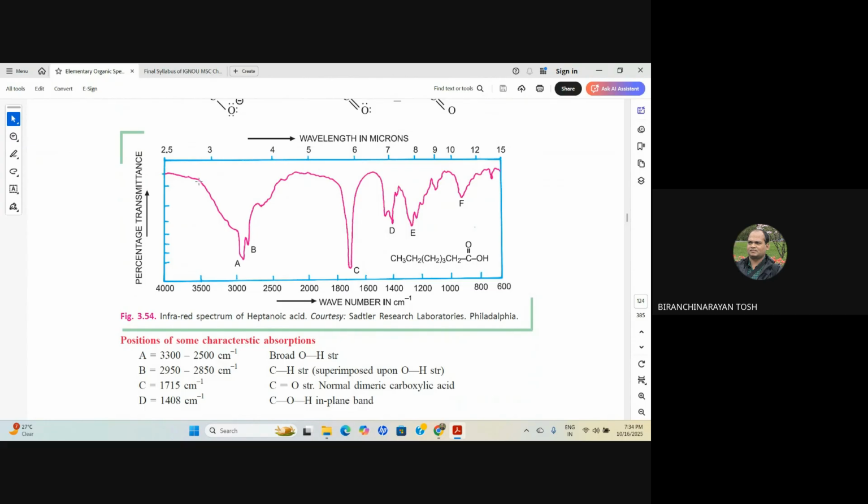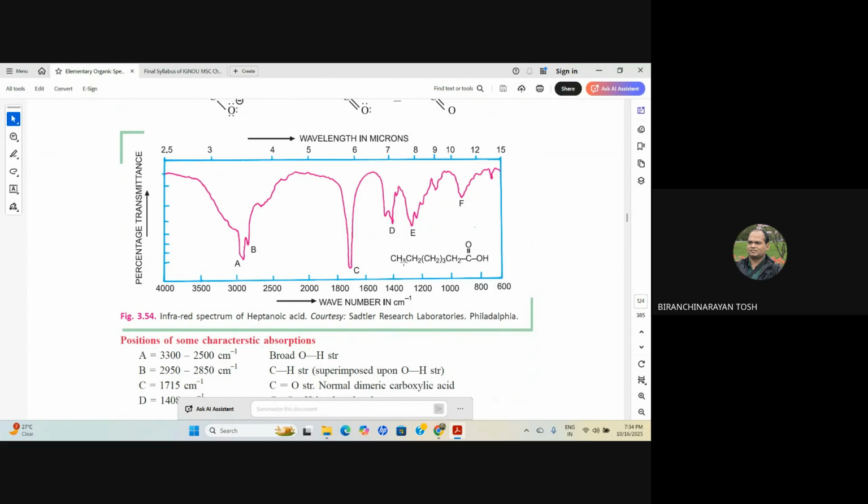If it were sharp, the CH stretching would come as a sharp peak, but it is superimposed upon the OH tracing. Both the OH and CH bands superimpose with each other, and the characteristic carbonyl peak is at 1715, for a normal dimeric carboxylic acid.